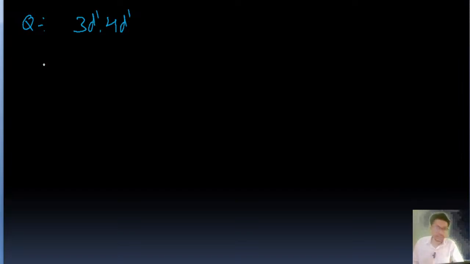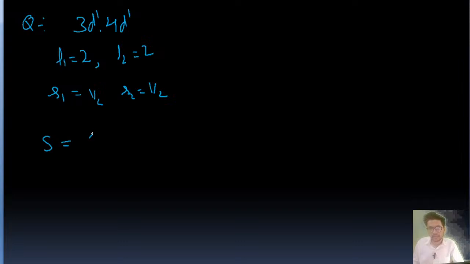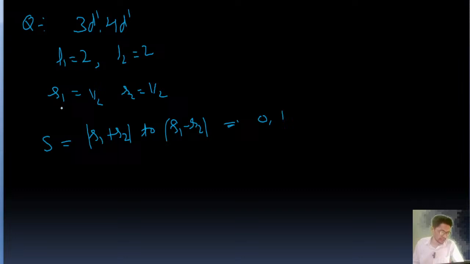So here L1 value is 2 for d and L2 value is also 2 for d, right? These are non-equivalent, not in the same orbital. S1 is half and S2 equal to half. So we will find S as S1 plus S2 to mod S1 minus S2, and this we have already found, right? This is a simple one, 0 and 1. Okay, and L value we will find now.